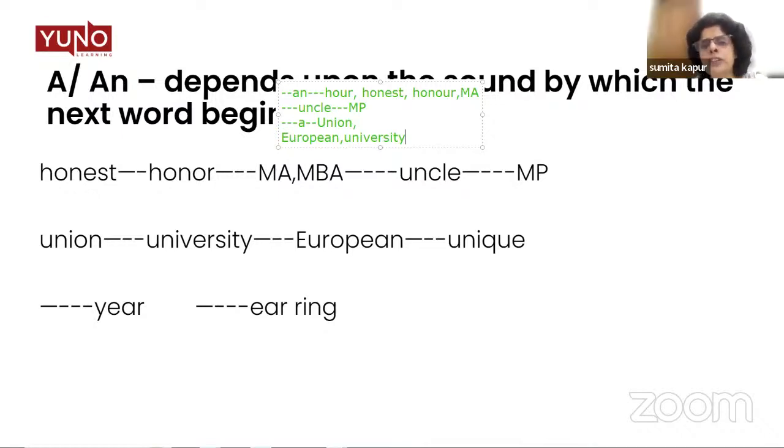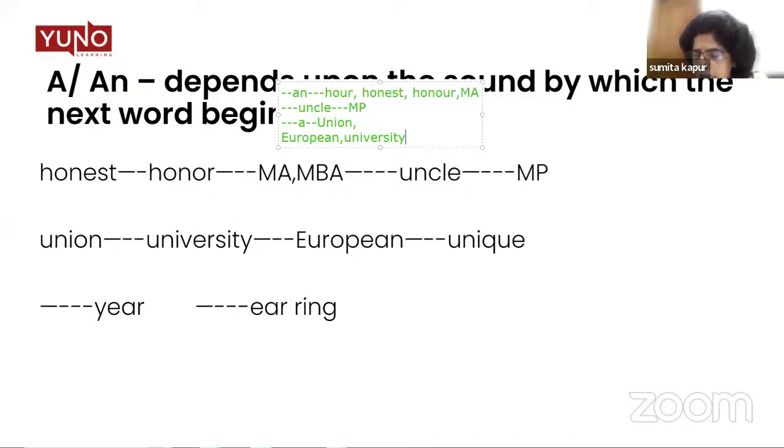So all these words, union, European, university, what is their first sound? The first sound is that of year. Despite the fact that they have the vowel spelling, they don't have a vowel sound, so we prefix all of them with a. So a union, a European, a university.